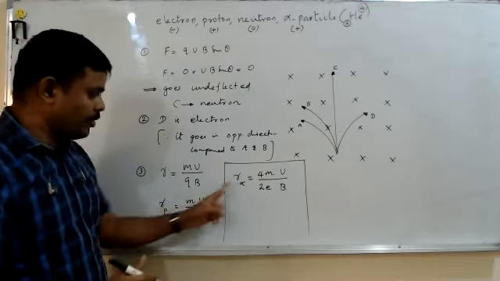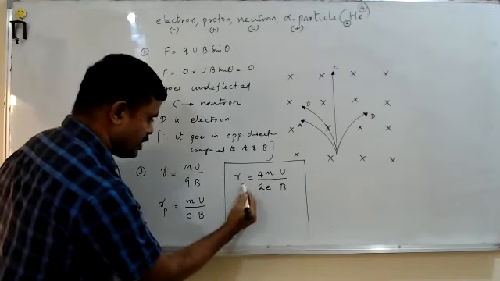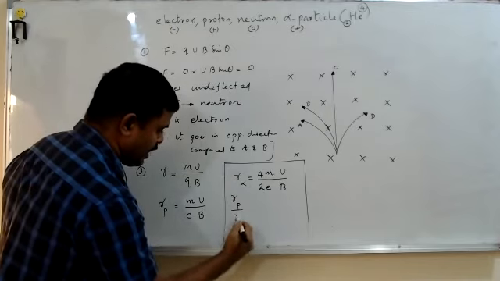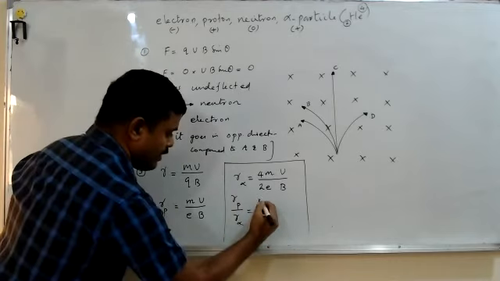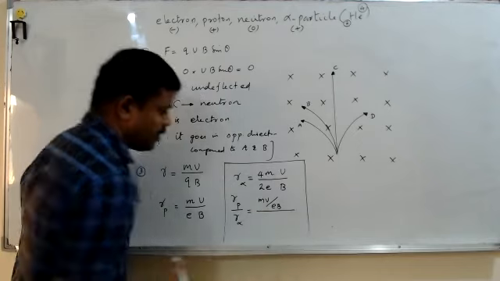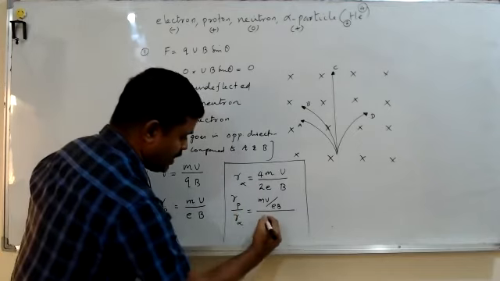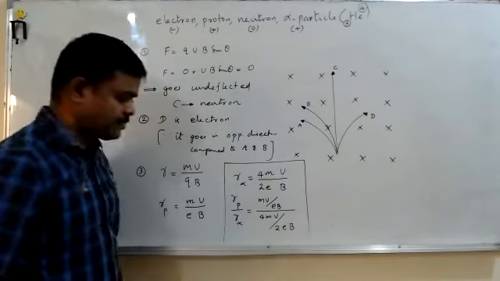So having obtained both these, I can just divide them. Then if I find the relation, tell me Rp by R alpha. Tell me what you get. Rp by R alpha is mv divided by eB, divided by 4mv divided by 2eB.